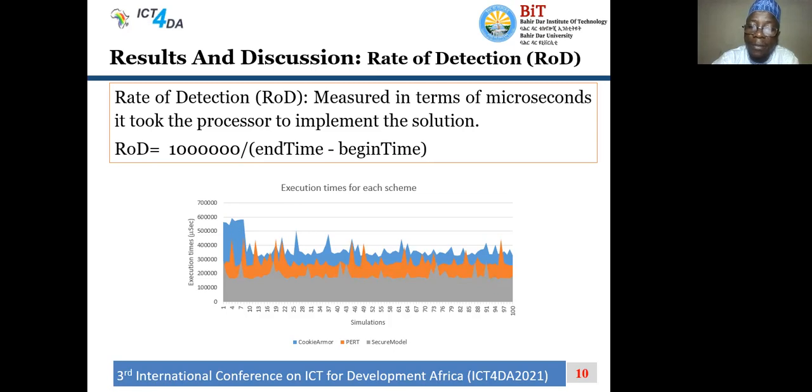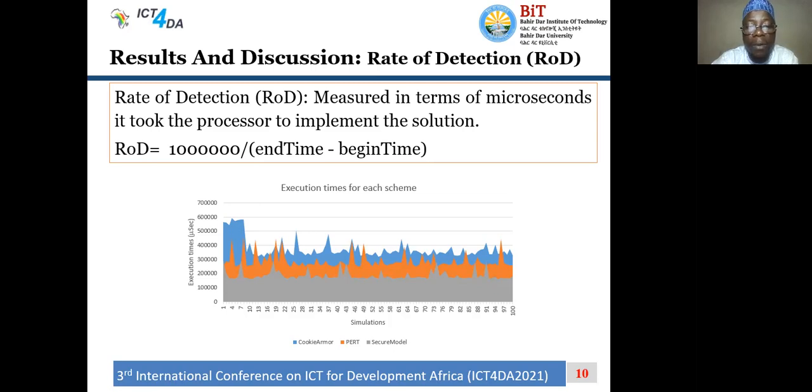Secure model was the fastest because it only goes through its own data. When it receives an ID, it only generates the hash of the ID and compares it with the hashes that it has in the database. This is faster, but our solution involves creation of hash, and also involves encryption and decryption, which makes it slower than secure model.